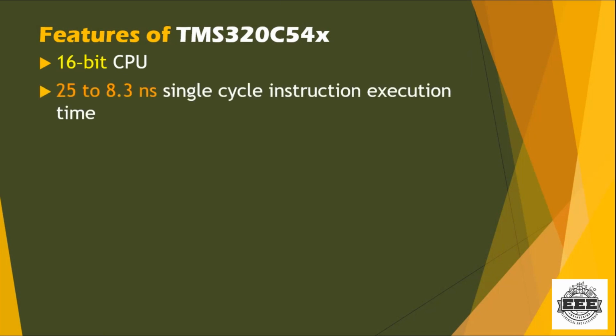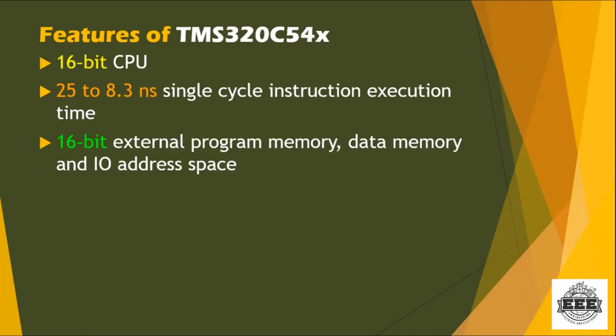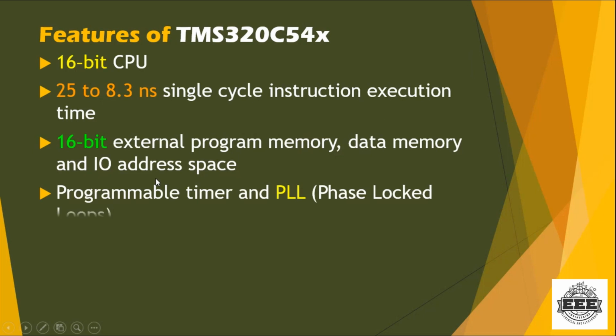Then the features of the TMS320C54x. It is a 16-bit CPU with a 25 to 8.3 nanosecond instruction cycle execution time. And it has a 16-bit external program memory, 16-bit data memory, and 16-bit I/O address, that is input output address.